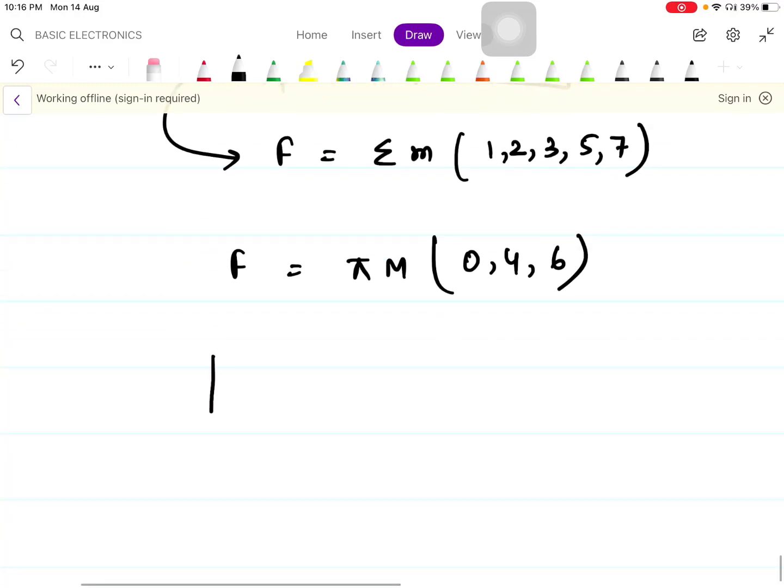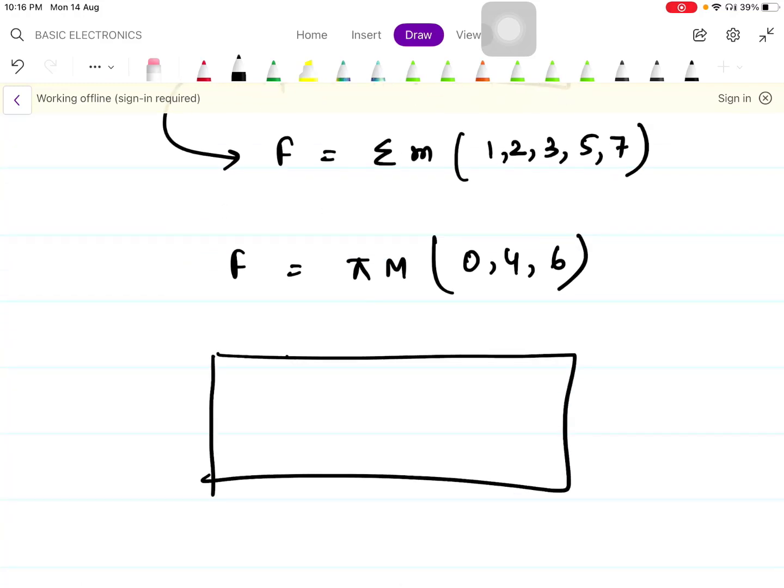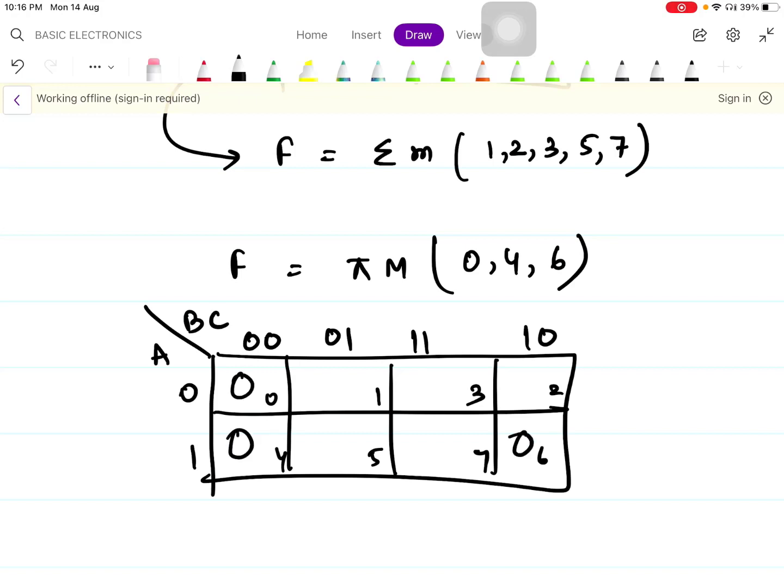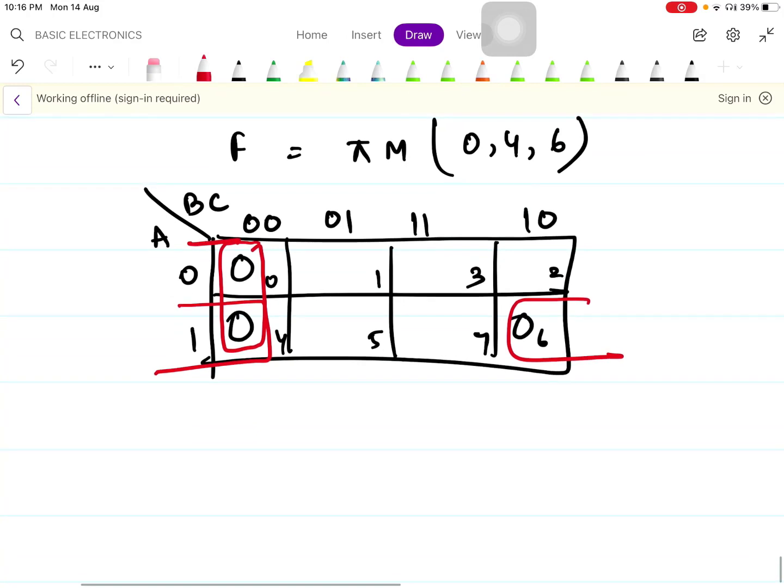Now when we have the maxterms, there is nothing difficult in calculating the answer in POS form. Let's make a K-map and fill in the zeros, because we are solving it for maxterms. Grouping rules are the same. First a group of 0 and 4 will be made, and a group of 4 and 6 will be made. Let's write down the answer.